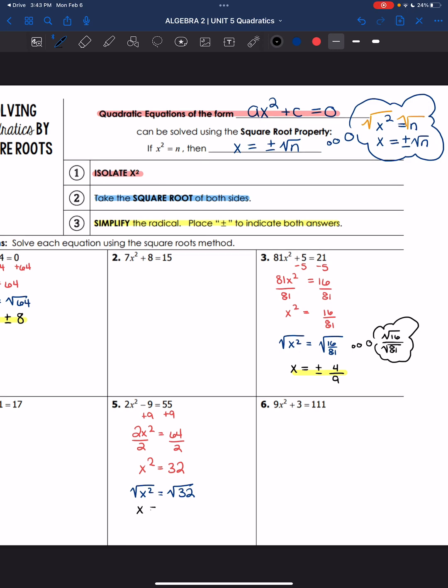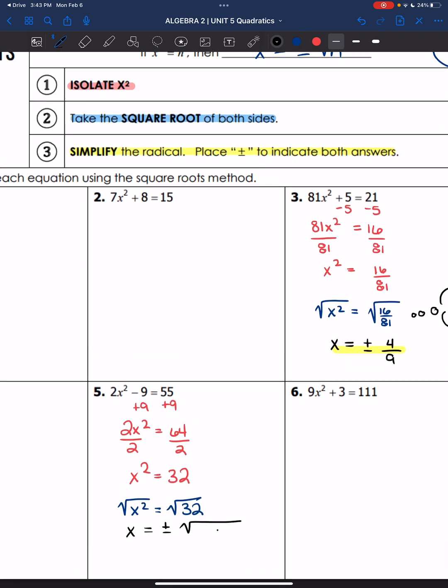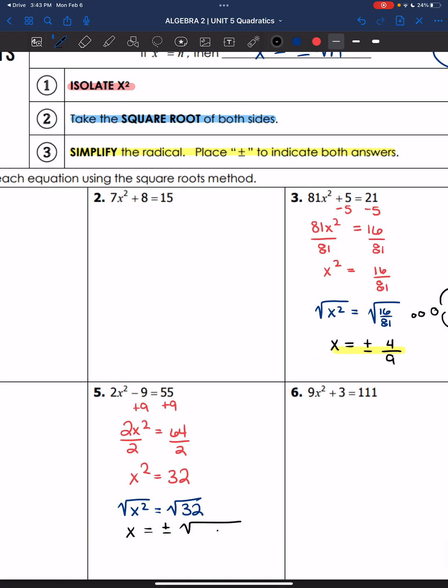We have x equals both the positive and negative square root of 32, but 32 is not a perfect square. So we're going to need to break it into pieces. Remember how we were doing this? What is the largest perfect square that is a factor of 32?